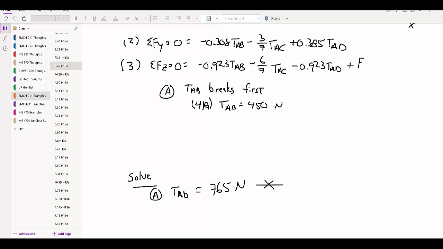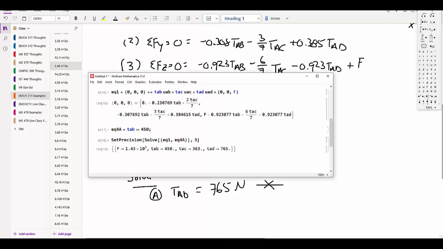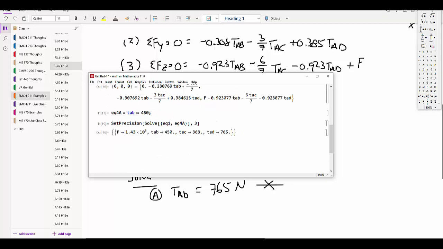Well, that doesn't work because for AB to be the one that breaks first, TAD would have already failed. TAD is already above its maximum allowable of 450 by being equal to 765. So condition A cannot be what happens. TAB cannot be the one that fails first, but we still need to test it.